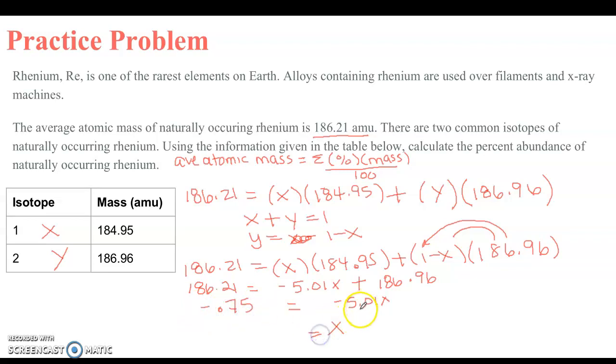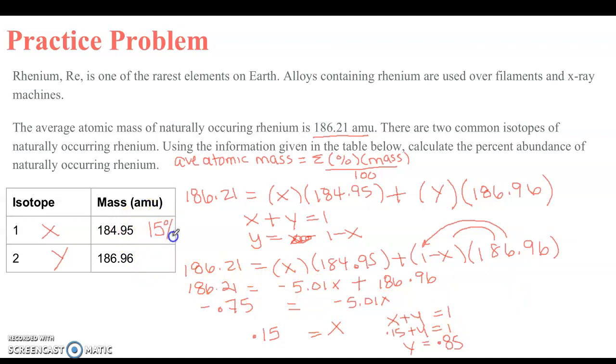And when I divide both sides by negative 5.01, I end up with 0.15 for X. All right, so I have my percent abundance as a decimal for X, or isotope 1. I'm going to solve for Y again. And you get 0.85. Now if I want them as actual percents, I just multiply by 100.